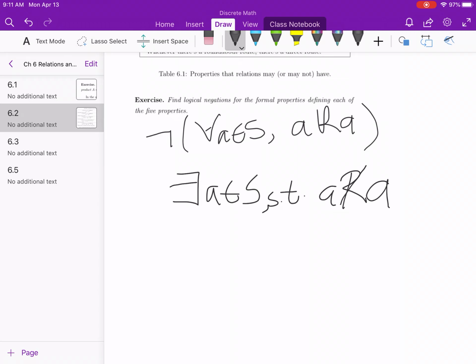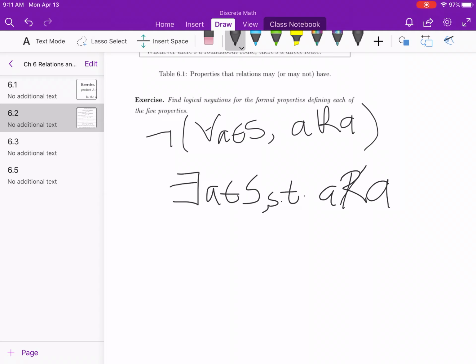If we had, say, 50 elements of S, and 49 of them have the property that they're related to themselves, but one of them does not have that property, then in fact we've found something that exists there.